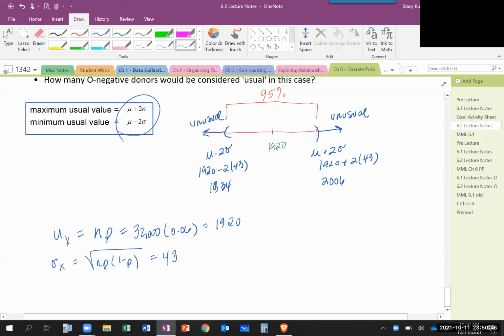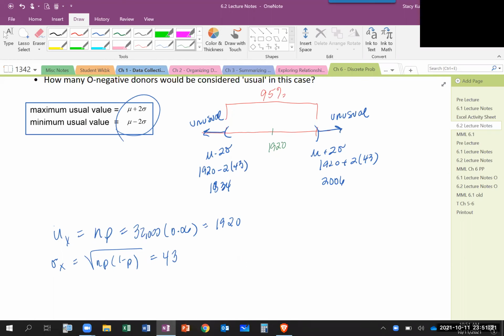All right, so we would look at this and go, okay, if I have 32,000 people in a blood drive, and I'm looking specifically for O negative donors, then it would be usual to see anywhere between 1834 and 2006 of those 32,000 people to have O negative blood.